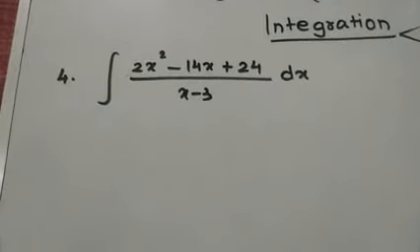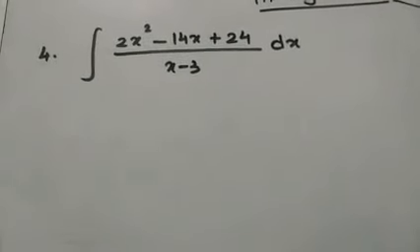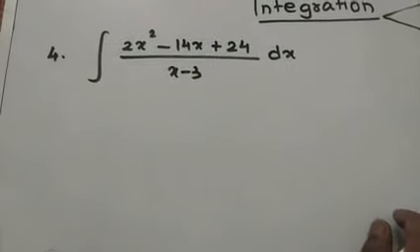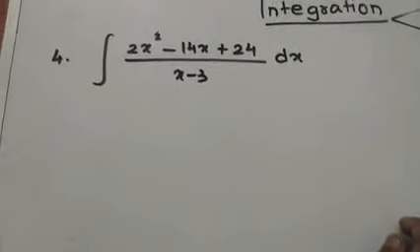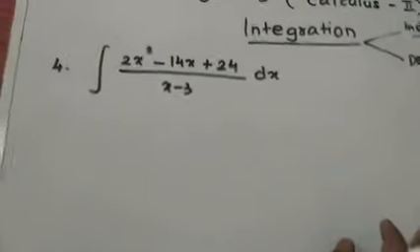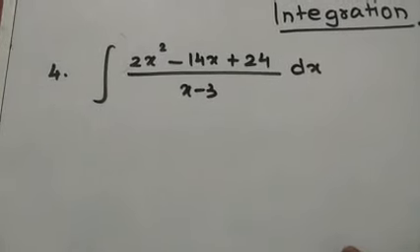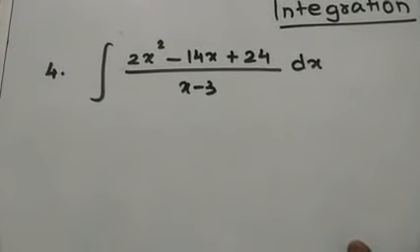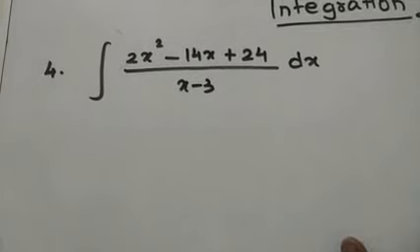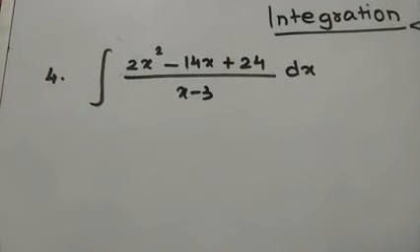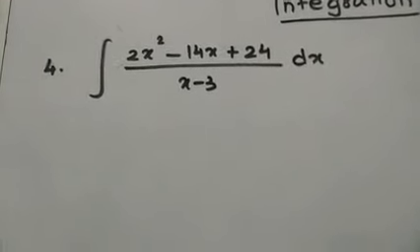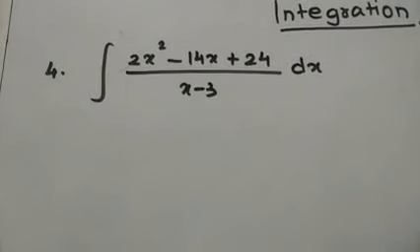Factorizing the numerator means middle term splitting. So here in the numerator we have to factorize, that means we have to find the middle terms, and after that we can simply see that x minus 3 will be cancelled. If you remember, in the chapter of limit we have done similar questions.